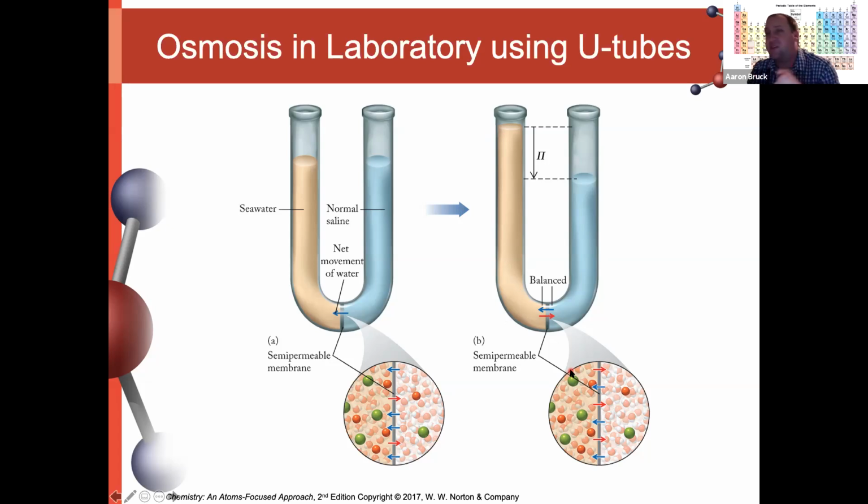Now, of course, the saline cannot fully dilute the seawater. It's absolutely impossible that it does. After all, the seawater is a good bit more concentrated. But what starts to happen is that gravity starts to push down on the other side of this.